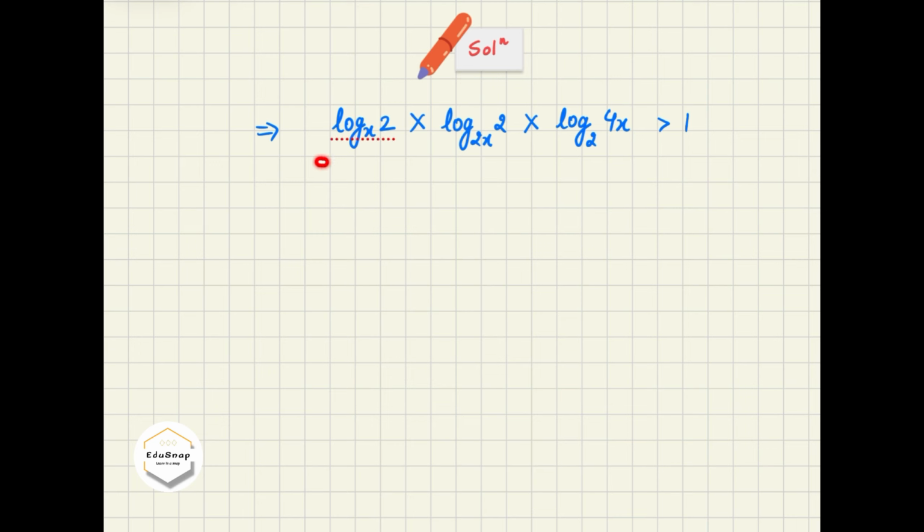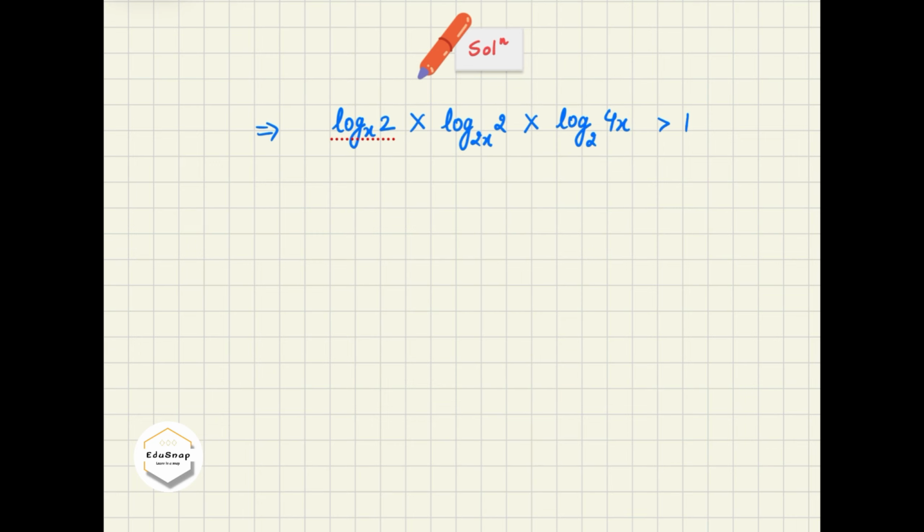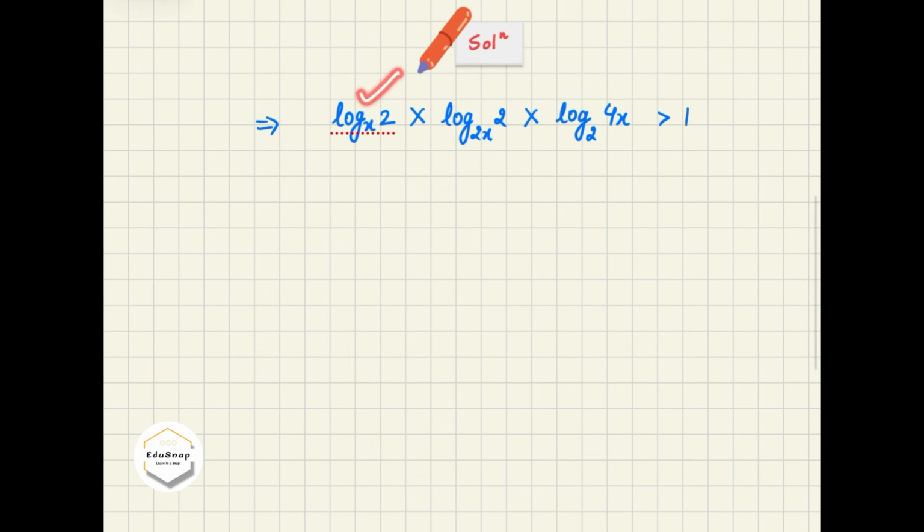Now, this expression is given to us, and first of all, if you observe one thing, we have to make the bases same here. So the base is 2 here, and we don't have base 2 here, but we can use the properties of log and rewrite it like this: 1 by log 2x to the base 2. The same will happen here as well.